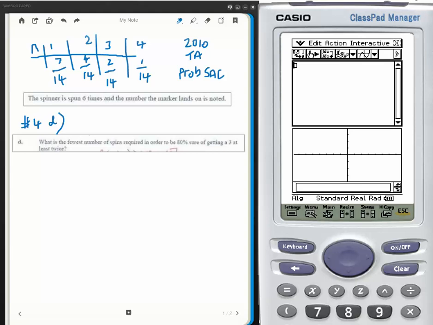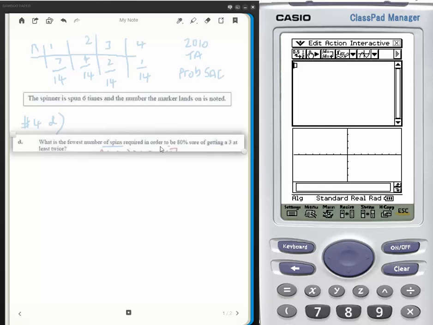So in question 4 it reads, what is the fewest number of spins? That is, what's the value of n? I don't know n. Required for the probability to be 80% sure.